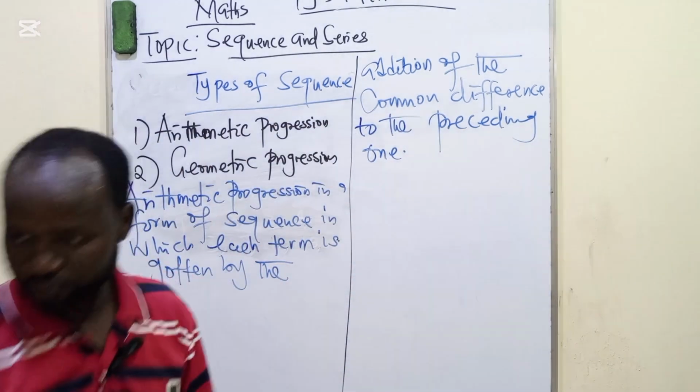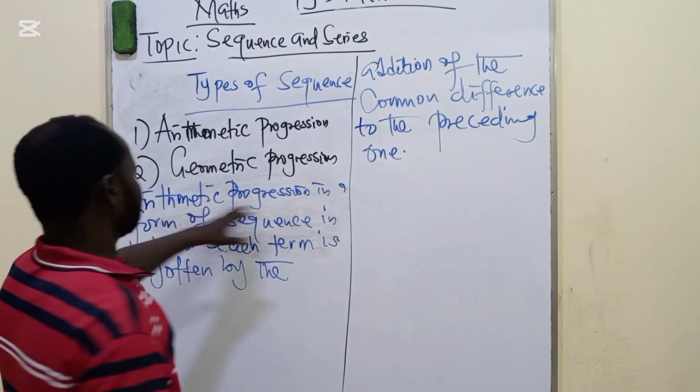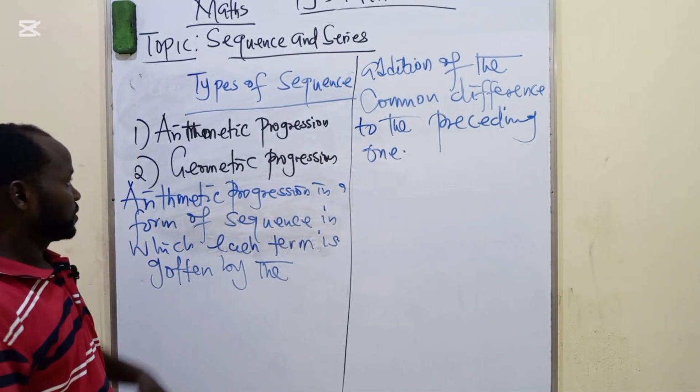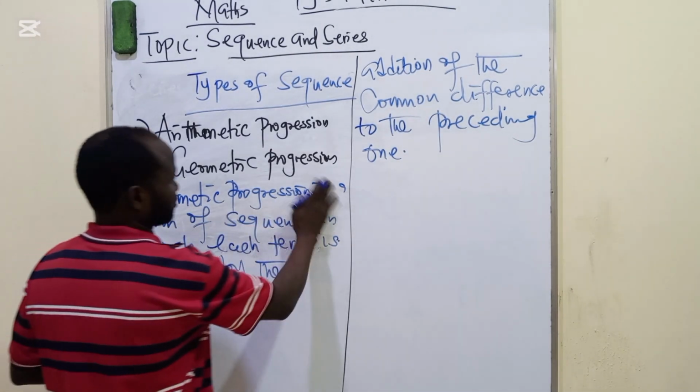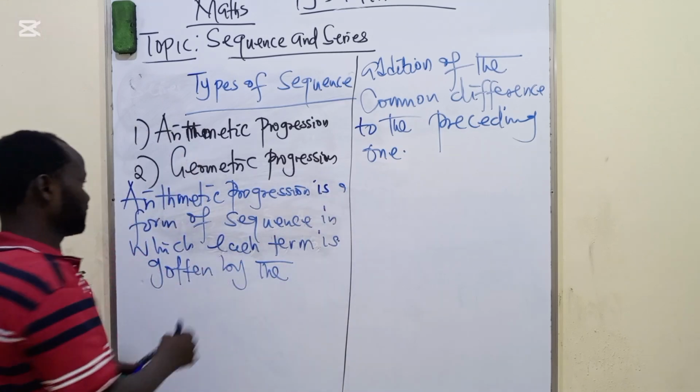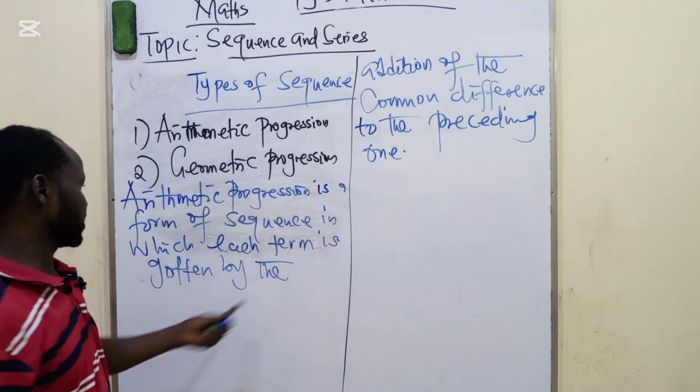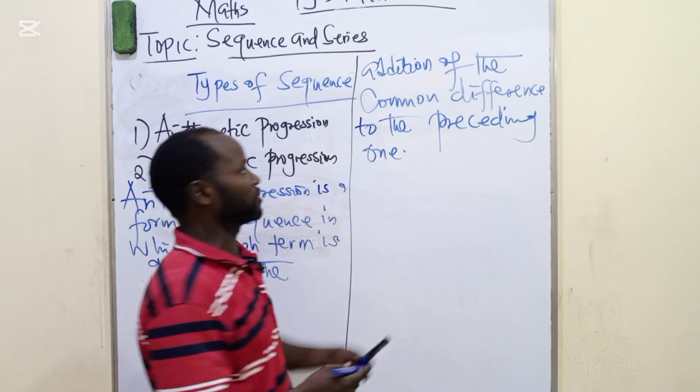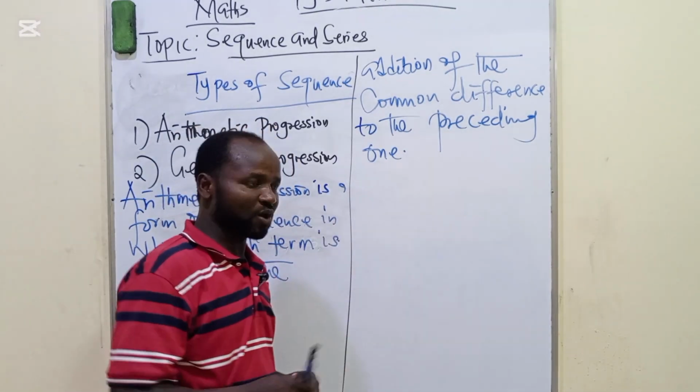Okay, let me keep this duster. Arithmetic progression is a form of sequence in which each term is gotten by addition of the common difference to the preceding one.